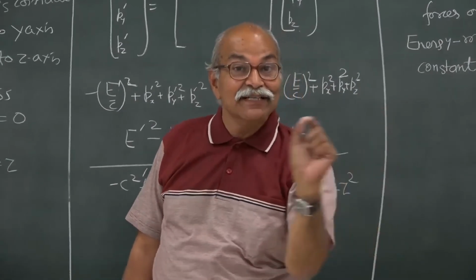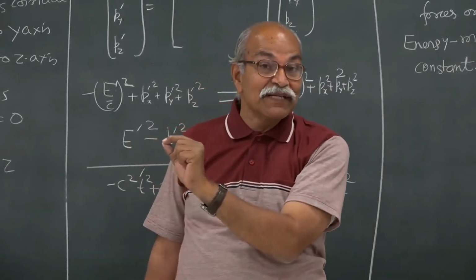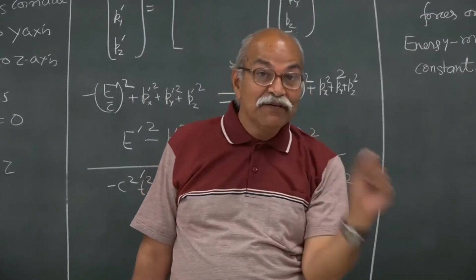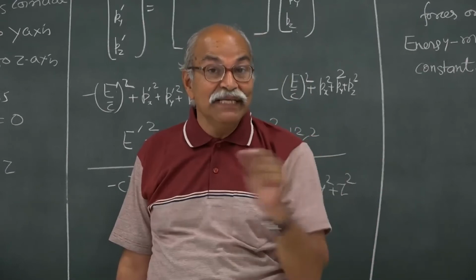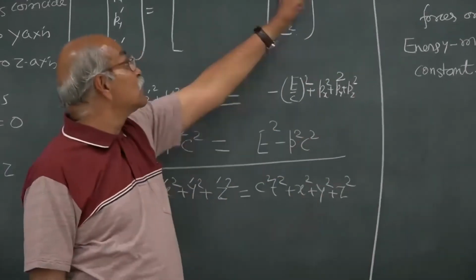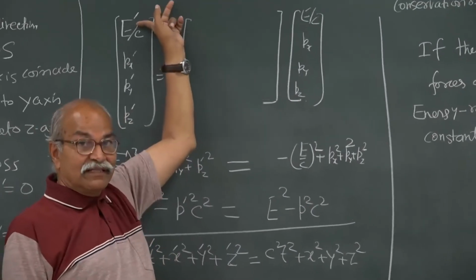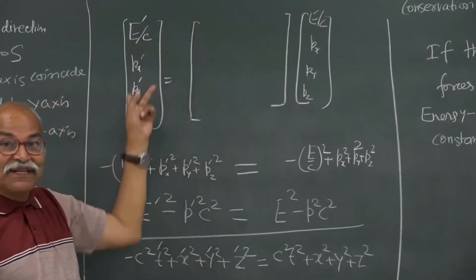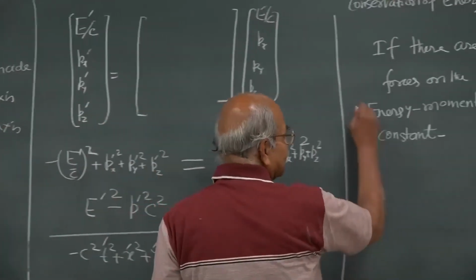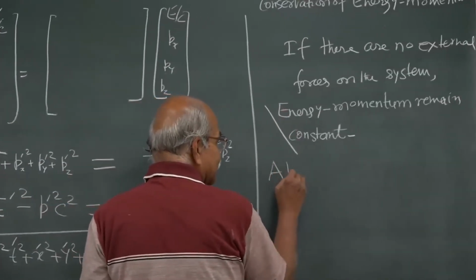The x component of the momentum remains constant as a function of time. The y component py remains constant, pz remains constant, and also E remains constant in time. All four components remain constant in time.